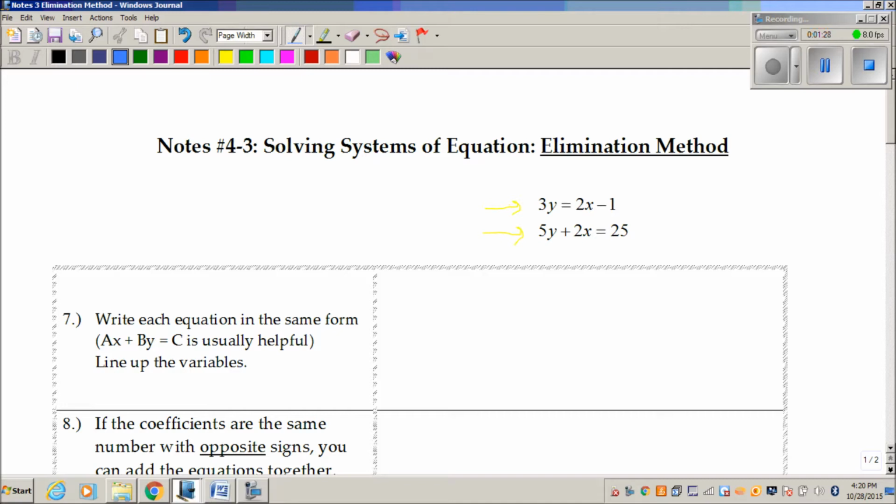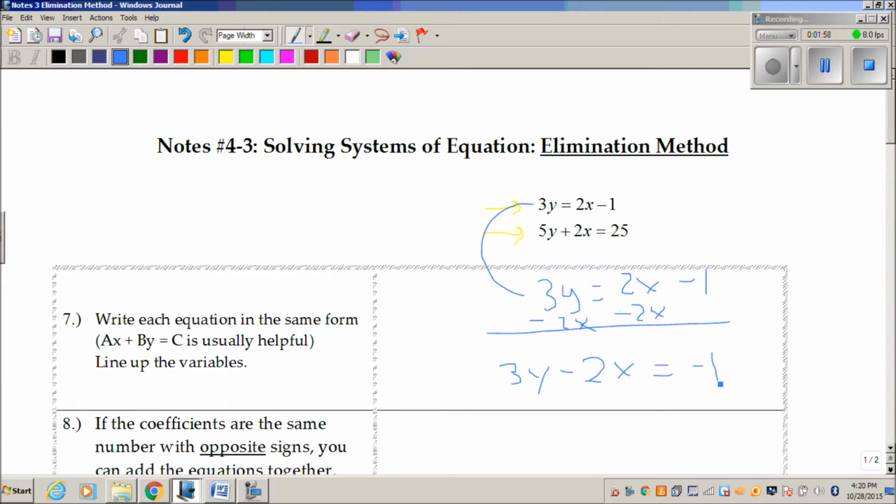It doesn't matter which one you pick, but I'm going to rearrange one of them so it lines up with the other. I'm going to pick the first equation, 3y equals 2x minus 1, and subtract 2x from both sides so that it's in the same order as the other equation. So I'm going to get 3y minus 2x is equal to negative 1.